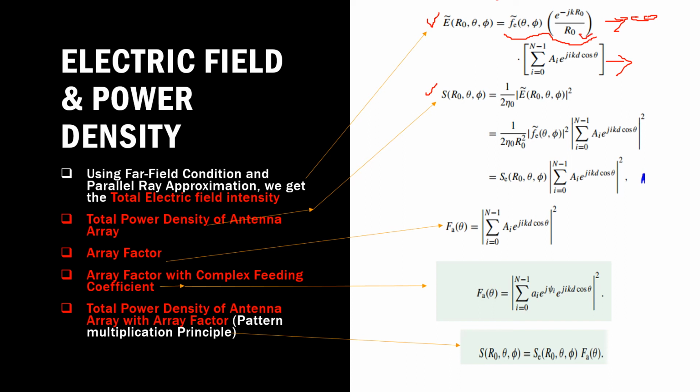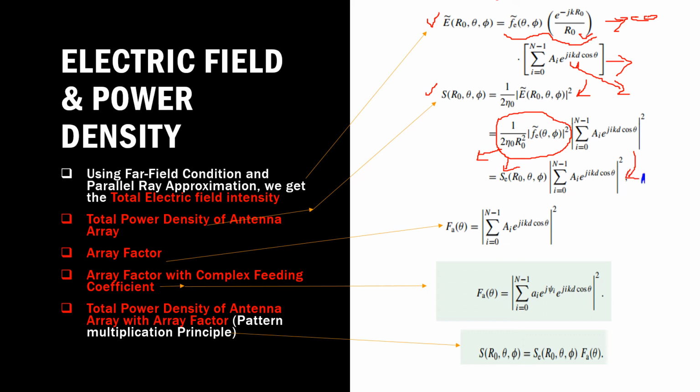R naught and id, these two have been used because of the far field approximation. These expressions are substituted in this power density equation. This factor is the power density of every element in the antenna array, and this can be written as this, and it goes as it is.